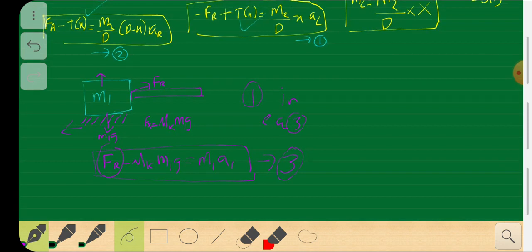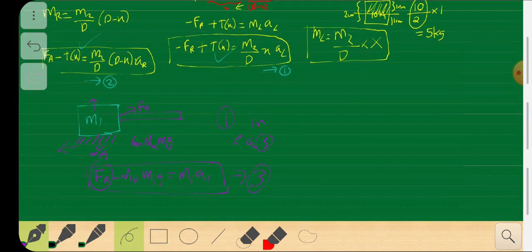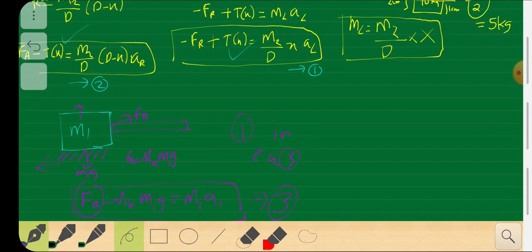So equation 1 was Fr minus Fr plus Tx is equal to m2 dx by dl a, right? So I'm going to substitute the Fr value in here.